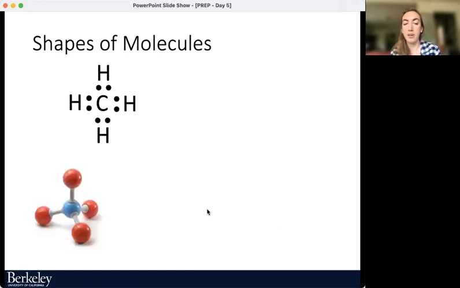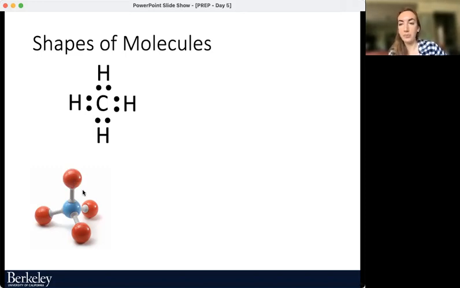So it's going to form this shape shown here. So the way that I think about this is if my CH4 was totally flat, kind of like I've drawn it here, there would be a 90-degree angle between each hydrogen atom. But if I let it sort of bend here, there is bigger than 90 degrees between each hydrogen atom, so it's happier.